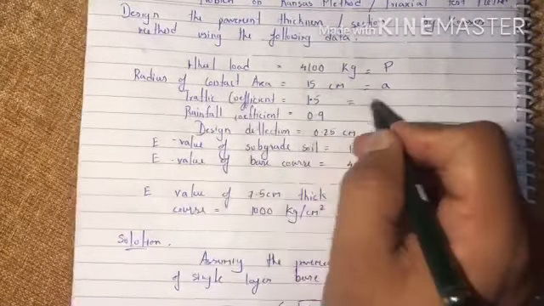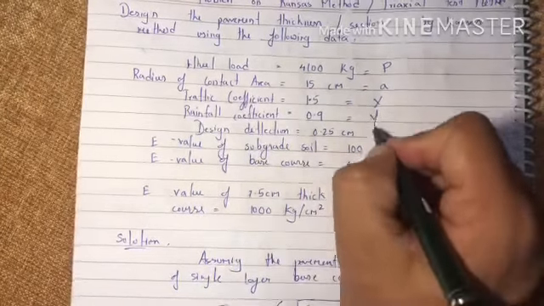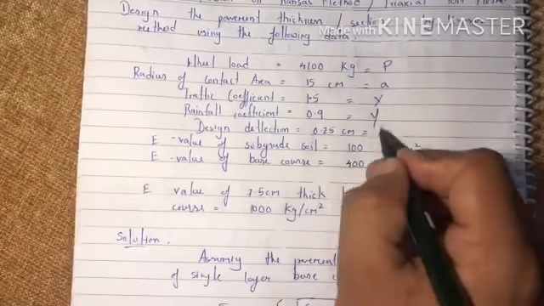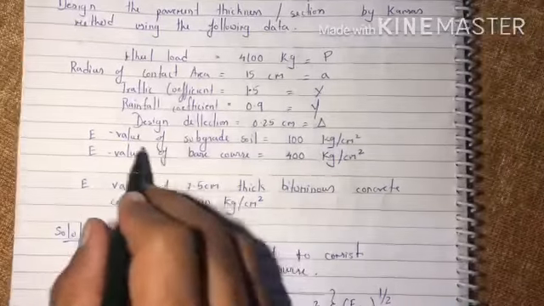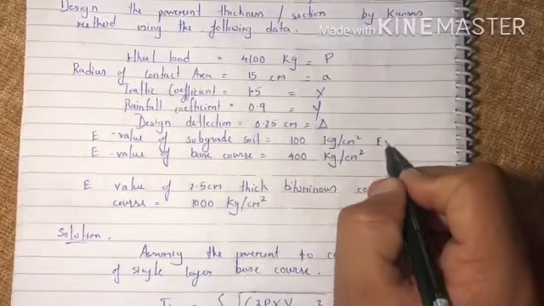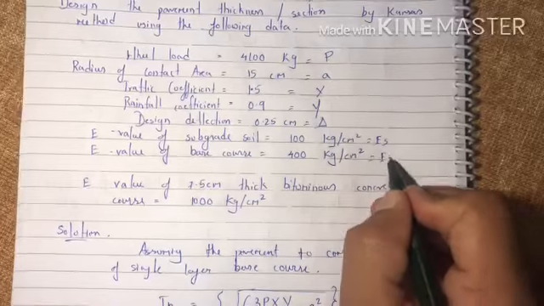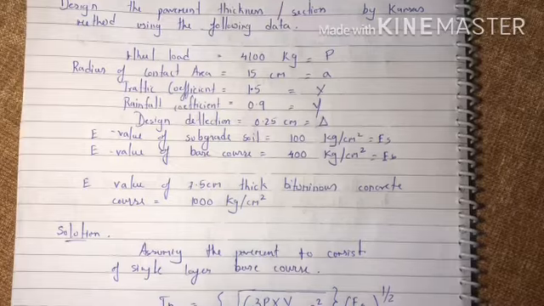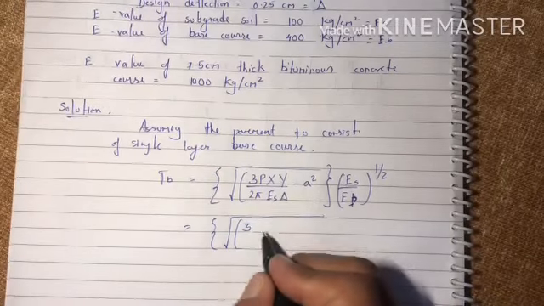Traffic coefficient is given, that is the value of x. Rainfall coefficient is given by capital Y. Design deflection is nothing but the delta value. Modulus of subgrade is given by ES, and this is EB, modulus of base course. So all these given values we need to substitute here.